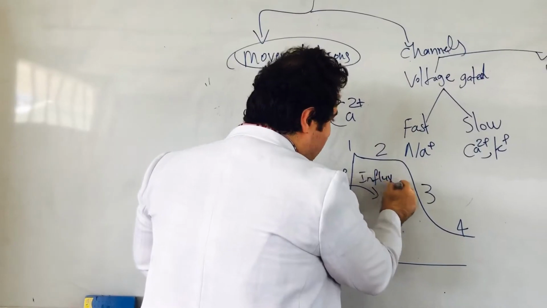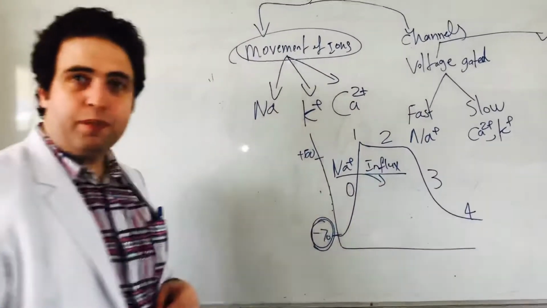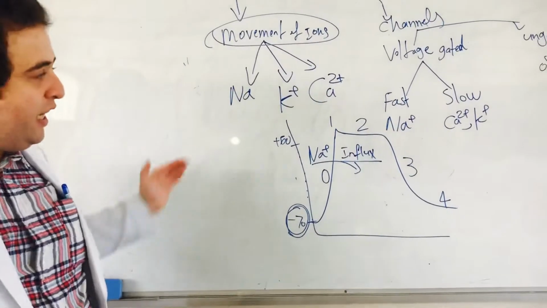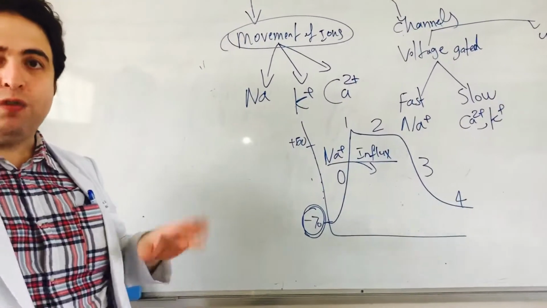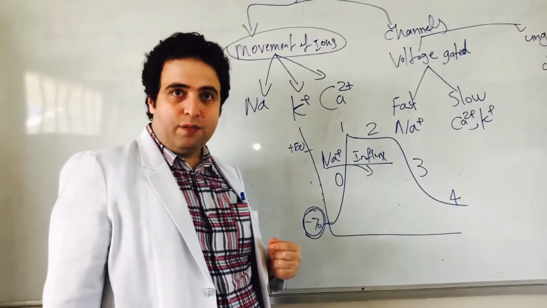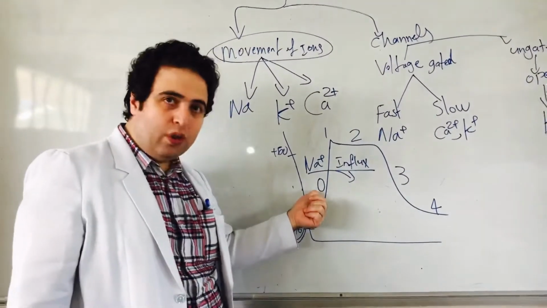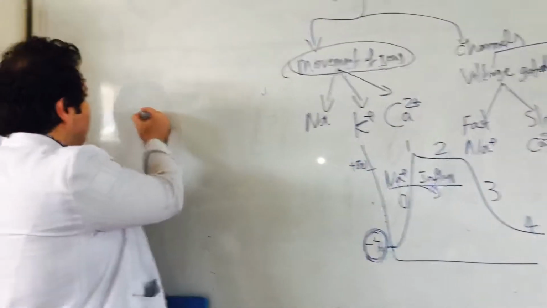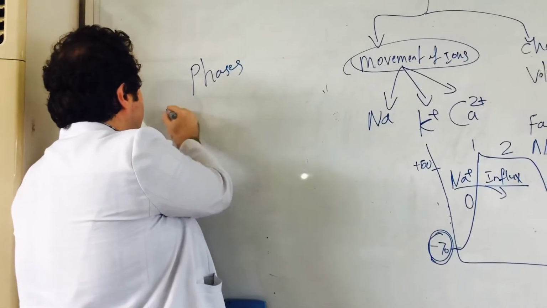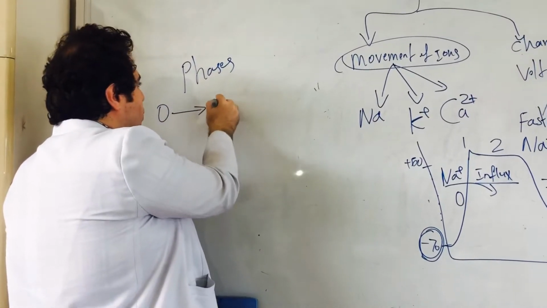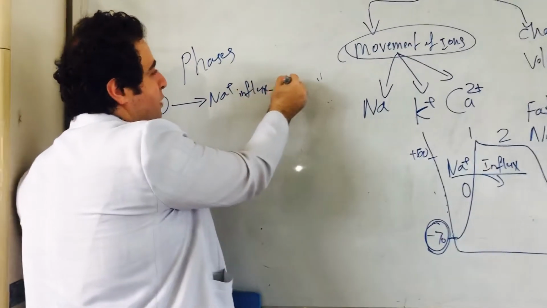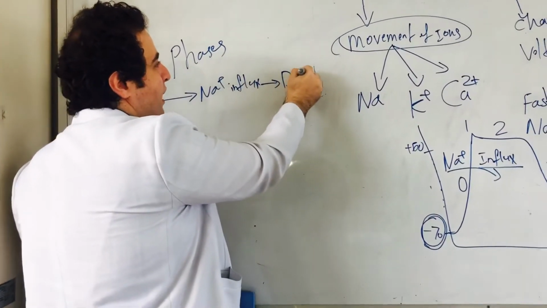Please don't forget, influx into the cell. So sodium, a positively charged ion, influxes into the cell. What will happen? The cell will rapidly be depolarized. So I am writing here the phases. Phase 0 is sodium influx, which will cause the cell to become depolarized.